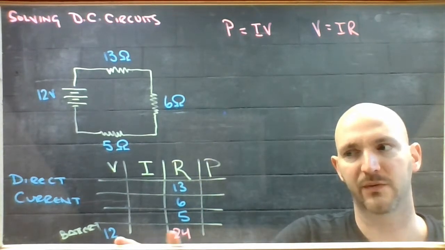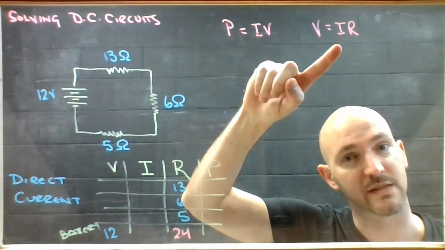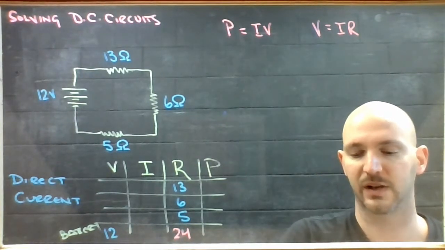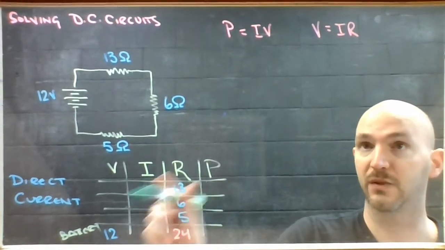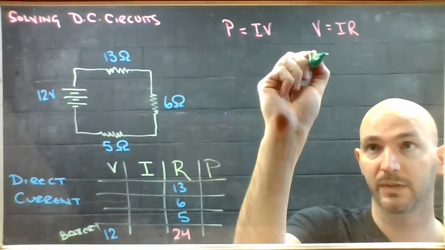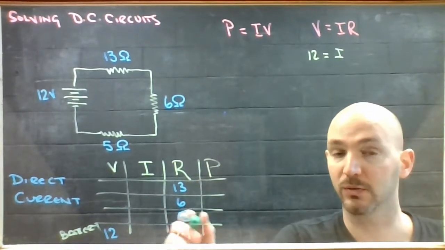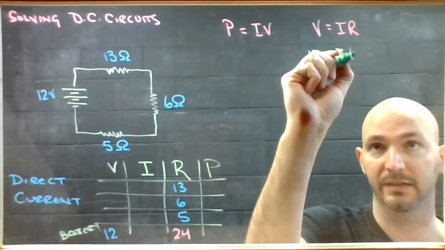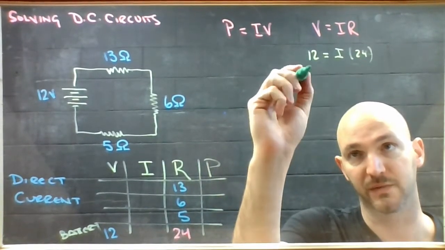Well, I already have the voltage and I have the resistance, but I don't have the current. So I could use this to solve current then. So I'm gonna do that. I'm gonna take my 12 volts and my unknown current and the total resistance experienced by the battery, which is 24. I'm gonna divide both sides by 24.